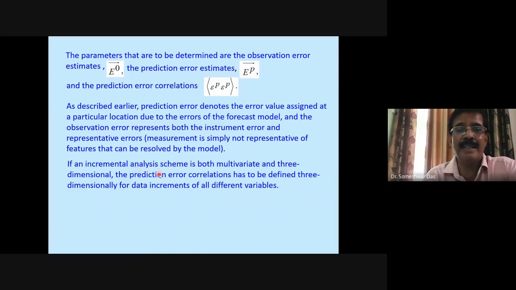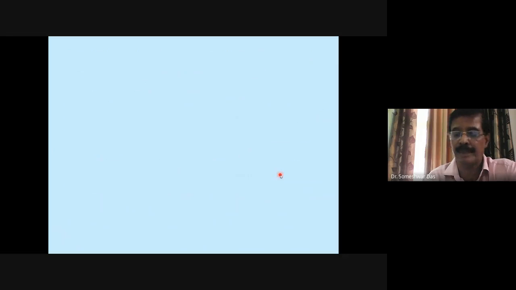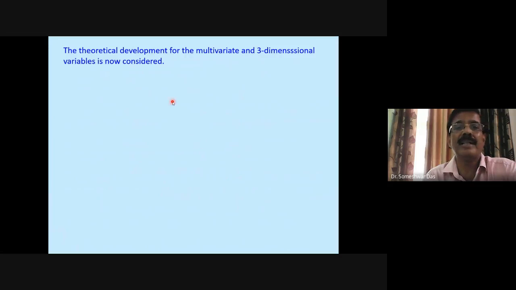So if an incremental analysis scheme is both multivariate and three-dimensional, the prediction error correlations have to be defined three-dimensionally for that data increments of all different variables. Okay. The theoretical development for multivariate and three-dimensional variable is now considered.